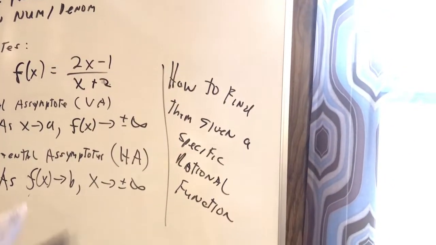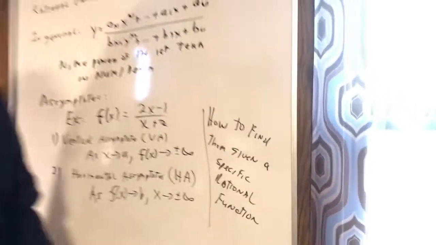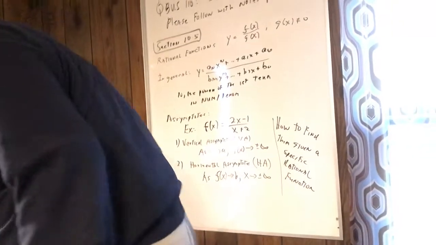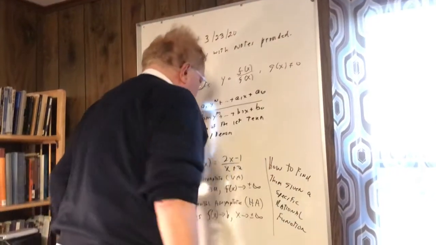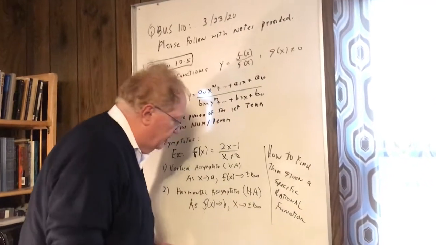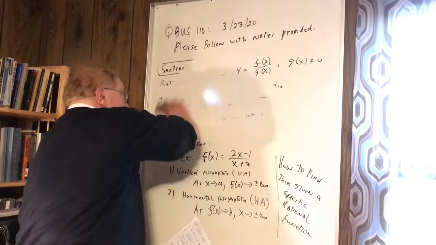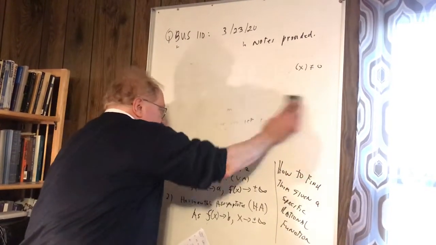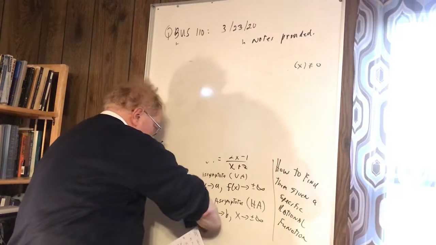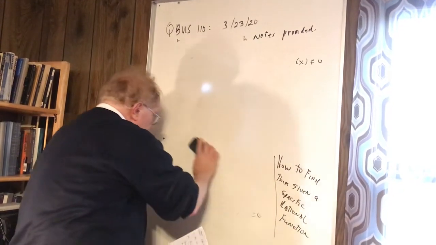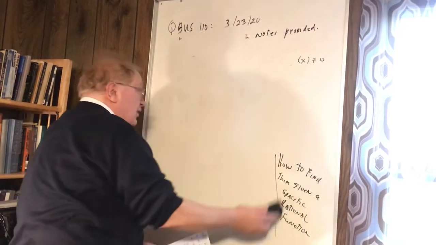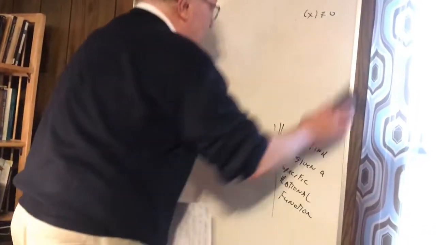These are great definitions, and you'll see what they mean as we get there. But let's talk about how to find them. Since you have these in your notes, I don't have any problems erasing this without waiting too much. The only thing not in your notes was this little vignette here.